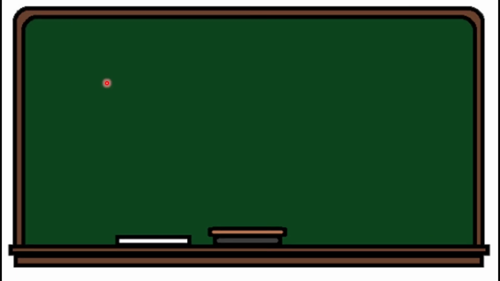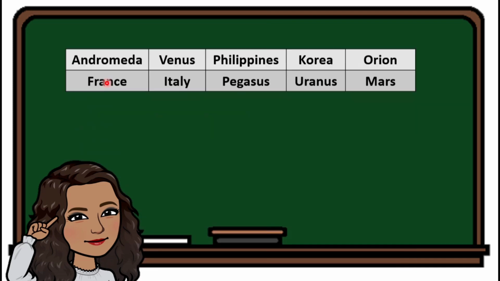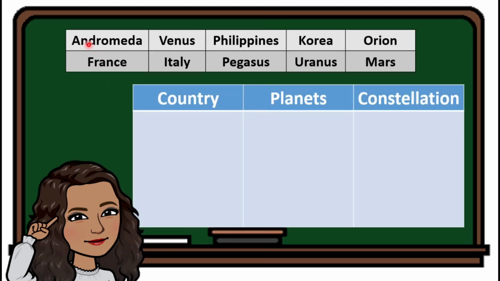Now let's have test 2. In this activity, you are going to classify these words to their correct category. We have 3 categories here: country, planets, and constellation.